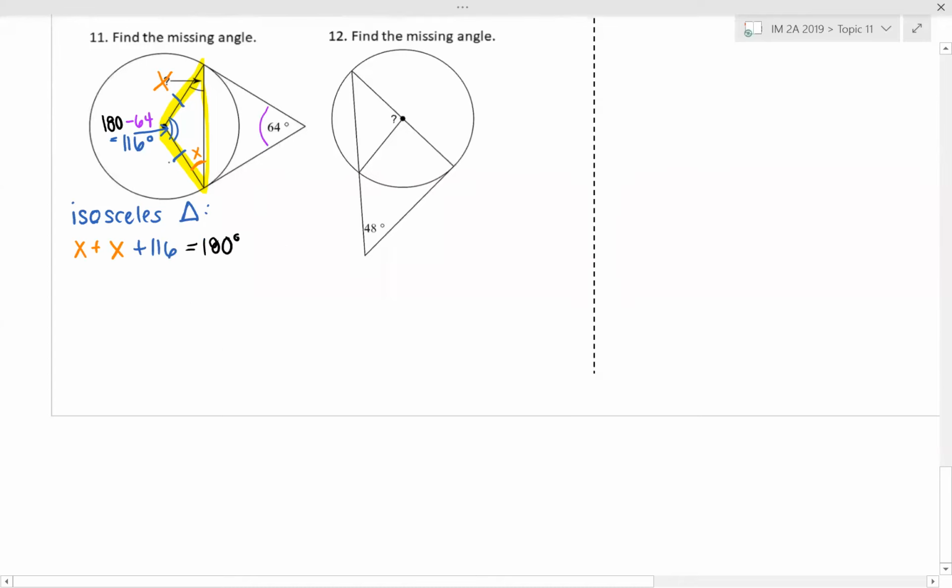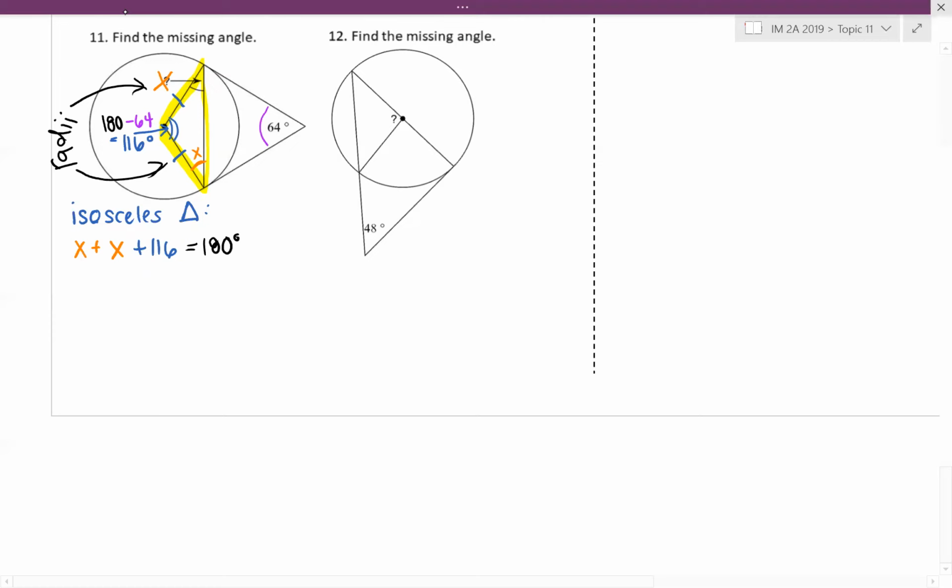And so I know it's isosceles again because these two pieces here are the radii. So those two pieces are the radii, so I know that they're equal, which means that their angles are equal as well from the isosceles triangle theorem. So that means that I have 2x plus 116 equals 180.